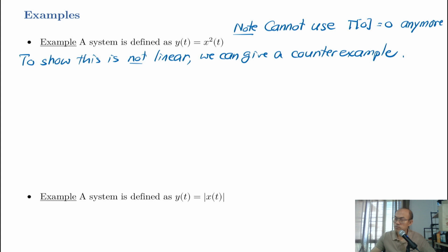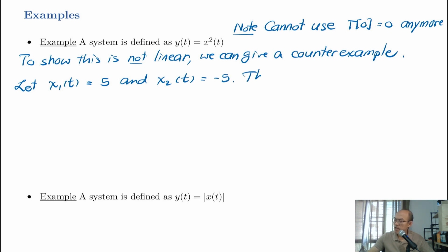Okay, so to this end, we let x1 of t be equal to 5, and x2 of t be equal to minus 5.